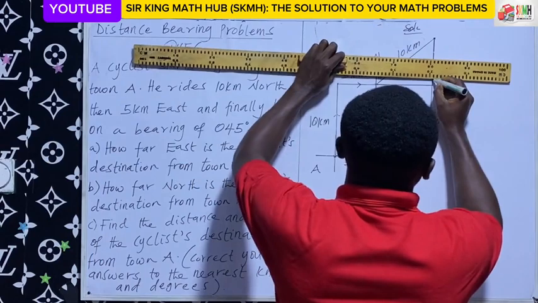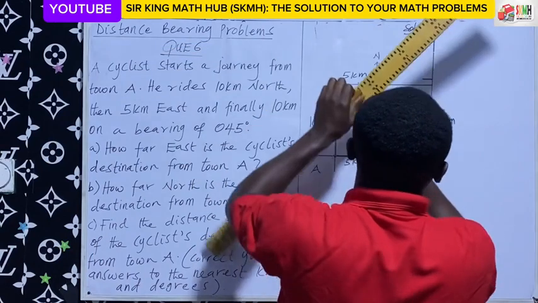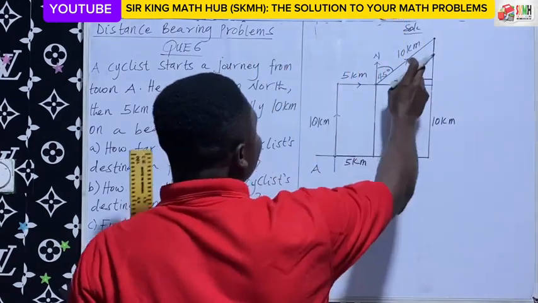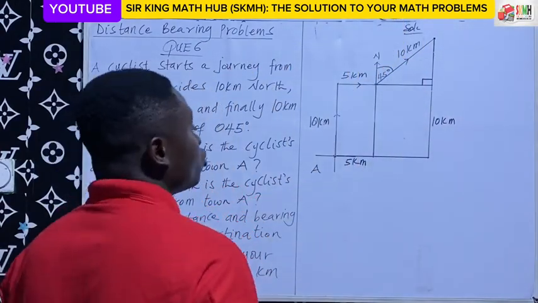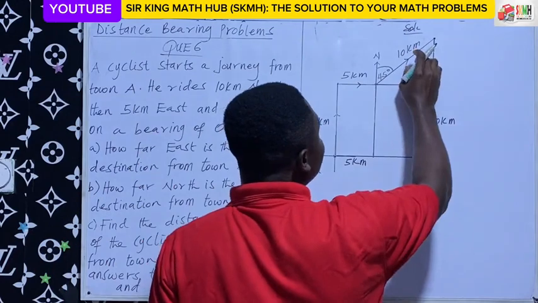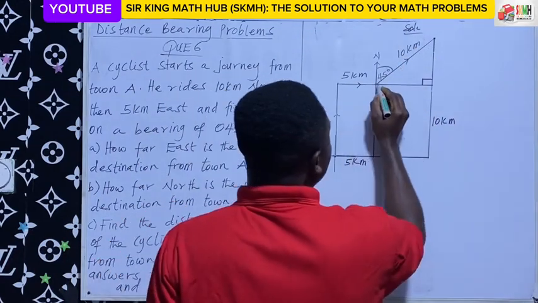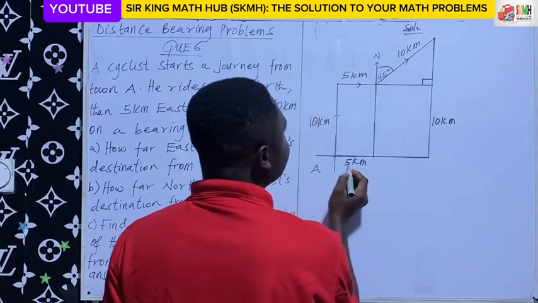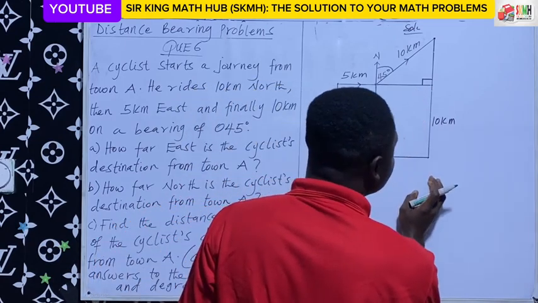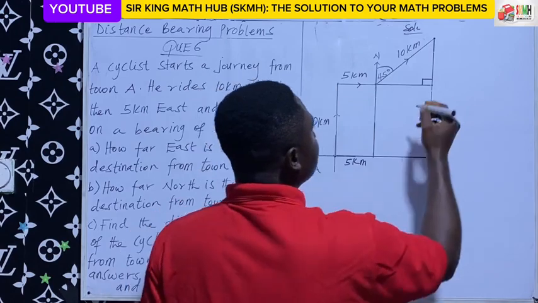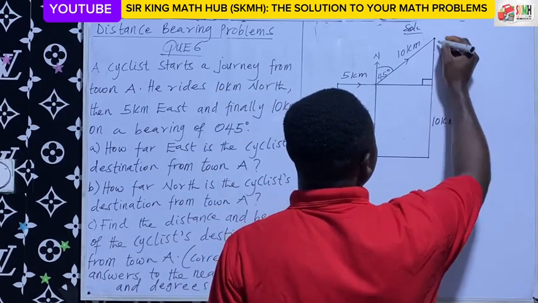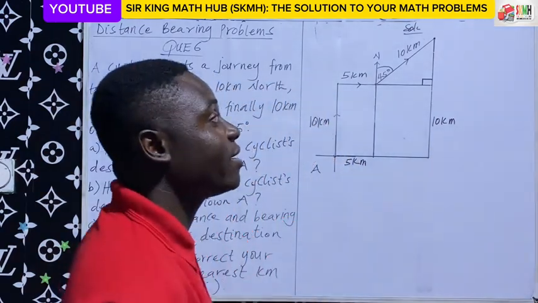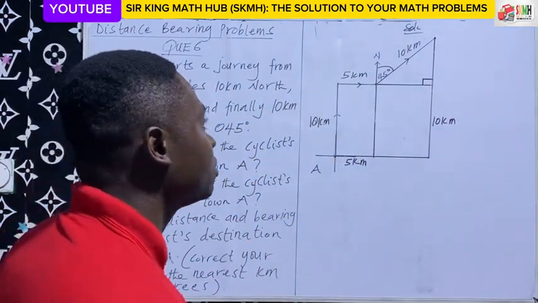See that this is a right angle triangle. So from this right angle triangle, we have to calculate this length, so that when we add this length to the 5 kilometers, that will give us how far east you have traveled. We are also to measure this height, so that when we add this height to the 10 kilometers, it gives us how far north you have traveled.